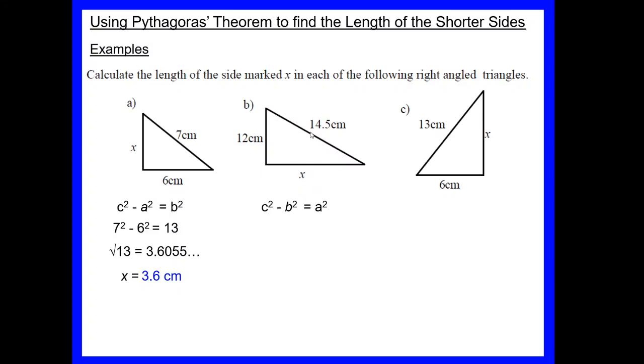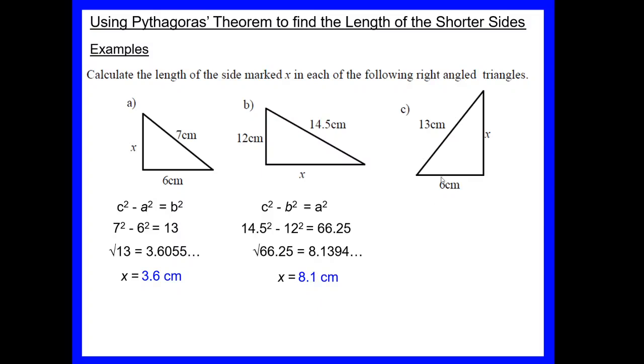Okay, so we're going to put in c, which is 14.5 squared, minus our b, which is 12 squared, gives us 66.25. Remember, that is a squared. So to find a, I need to square root this value, which gives me 8.1394, etc. And then I'm going to round it. And they've called it x, so I'm going to say that my answer x is 8.1 centimeters.